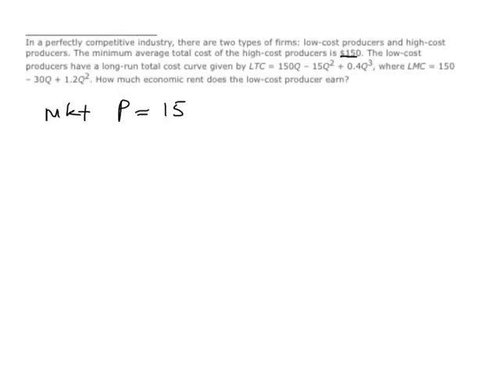And then remember, if you're a low cost firm, the earnings at the long-term equilibrium price over and above zero economic profit, normal rate of return, that's economic rent. So what you want to do is calculate, let's just say, what is Q. So how much will the low cost firms produce?